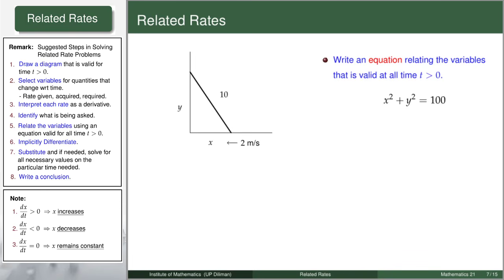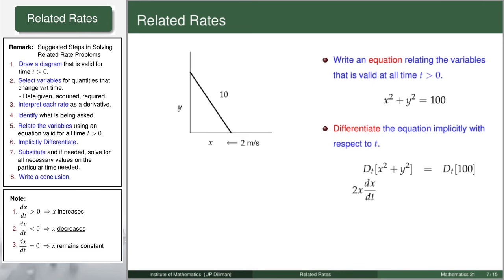Now, this is where it becomes fun, and that is we are now going to be relating the rates. And we do that by implicit differentiation. What I will be doing is that I will implicitly differentiate our equation, x squared plus y squared equal to 100, and that will give me a 2x. And since I will be differentiating this with respect to t, I will now multiply this by the derivative of x with respect to t, and that's a dx over dt.